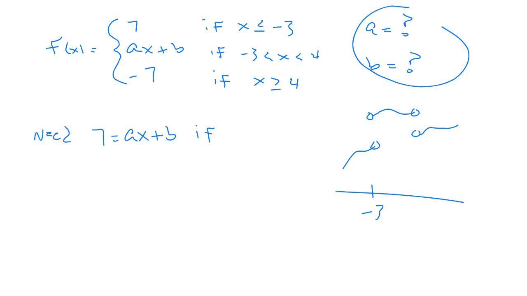That's where the first one leaves off and the second one picks up. But I also need the same thing to hold between these two. I need ax plus b to be -7 if x is 4, which is where this one picks up and that one leaves off. So I need -7 to be ax plus b if x is 4.